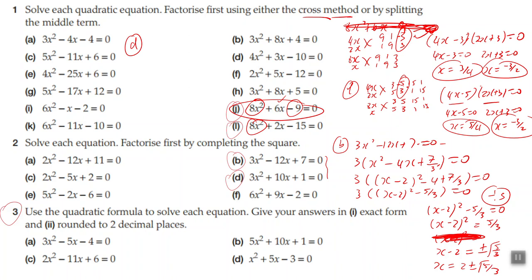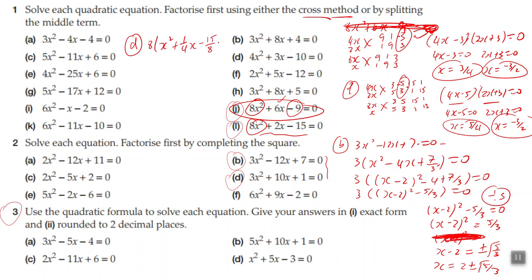For D, I'm just going to do it over here. If I complete the square, I need to take the 8 out first. So we've got 8 times x squared plus 2 on 8, which is a quarter x, minus 15 over 8 equals 0. You want to simplify the fractions as soon as possible because we don't want problems later on.